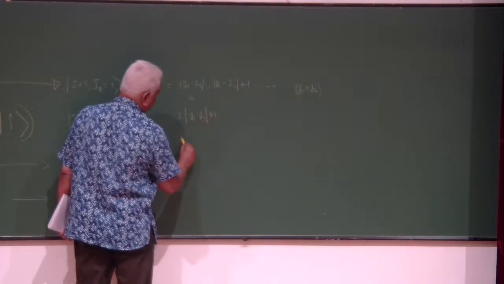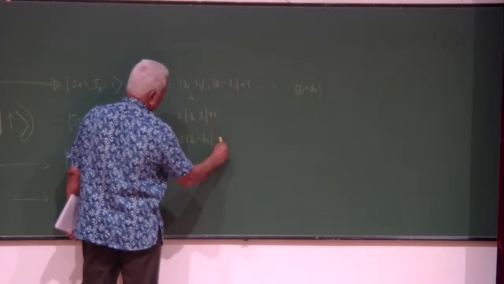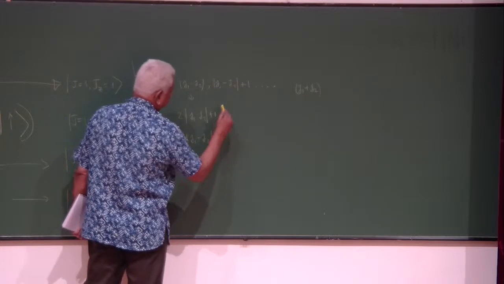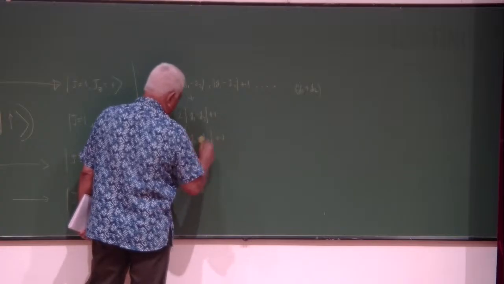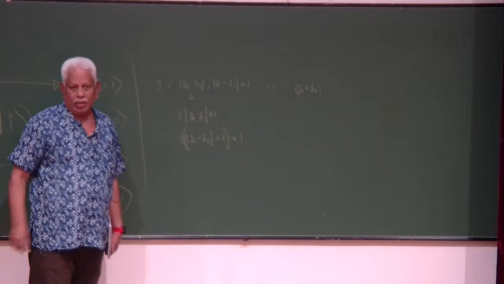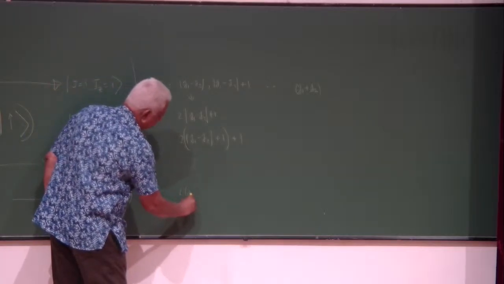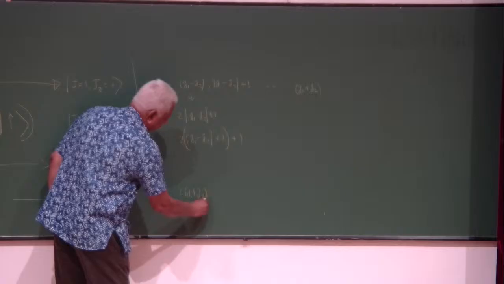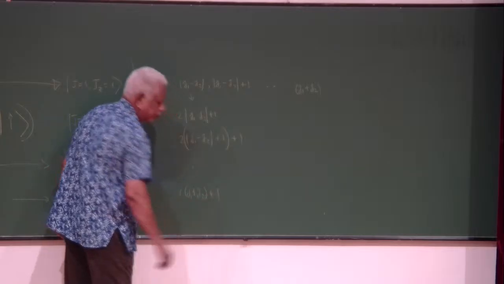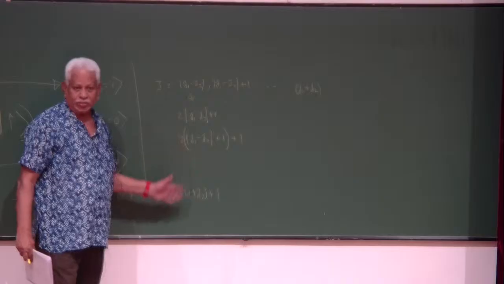This one will have 2 into J1 minus J2 plus 1, this whole thing plus 1. Okay? And then go on. And then finally 2 into J1 plus J2 plus 1. Each one of them will have this kind of dimensions.